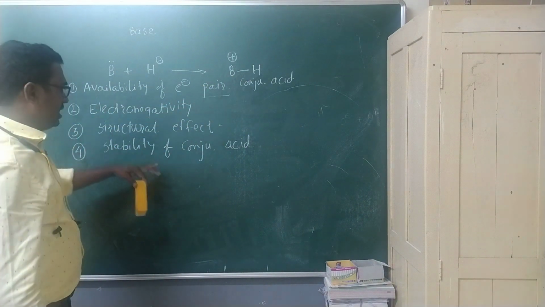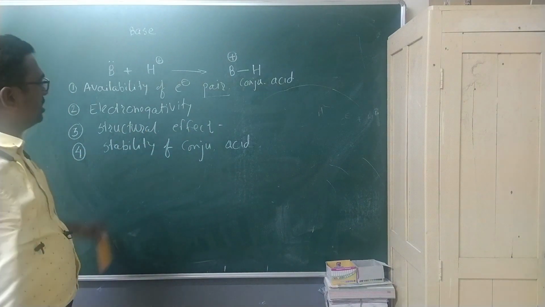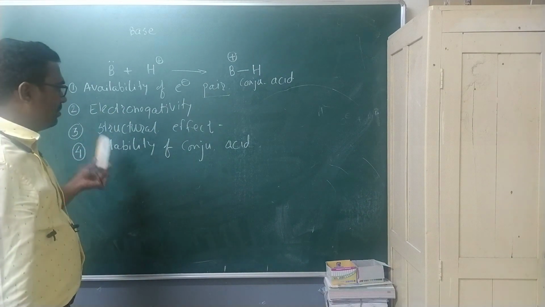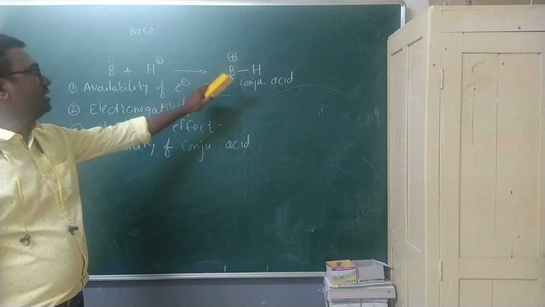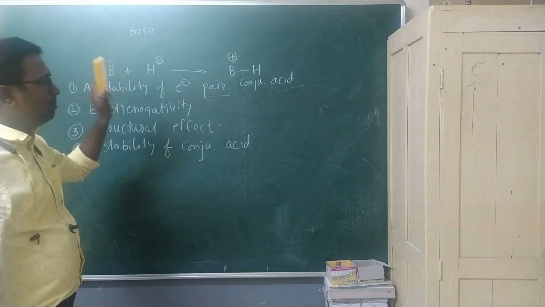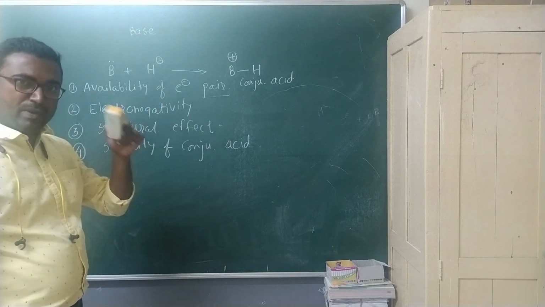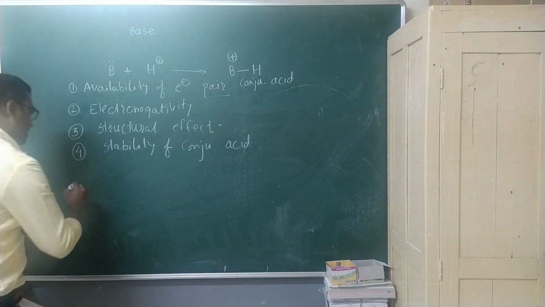So any reaction which is expected to go towards the product should have a stable product. Just like this, if the stability of the conjugate acid increases, then basicity will increase and the pKb value will decrease. This is all about the stability of the conjugate acid.